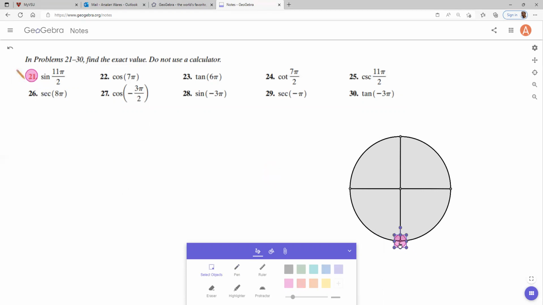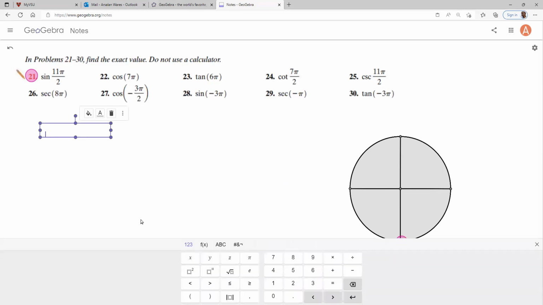Now, sine of this angle is simply the y coordinate. The y coordinate is -1. So the answer to 21 is -1. It's really not bad at all.